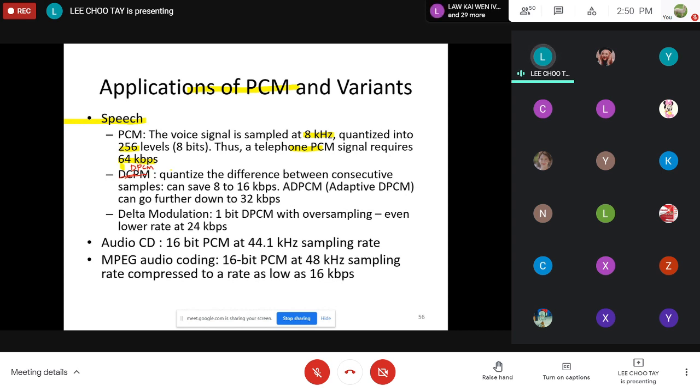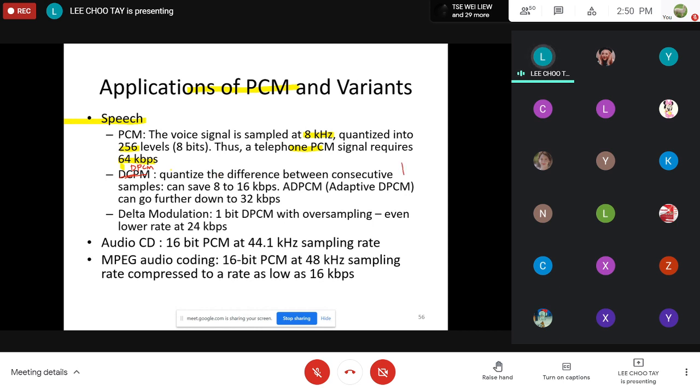Basically the concept is, instead of transmitting the exact amplitude of the signal in binary format, I perform quantization on the difference between consecutive samples.